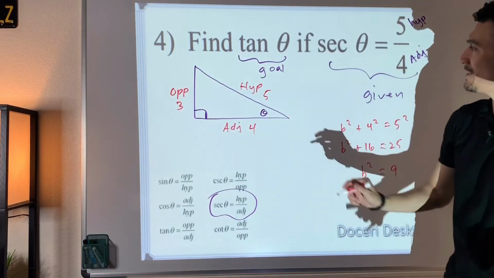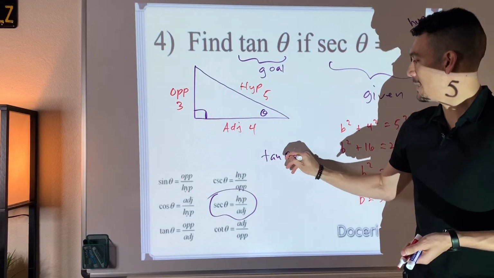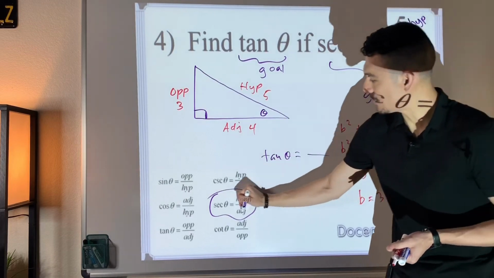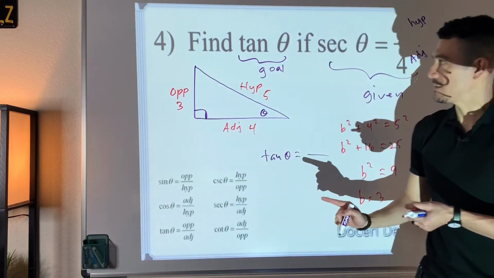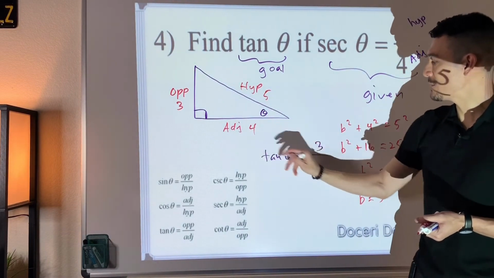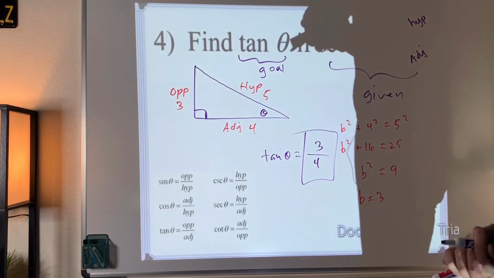The goal was tangent of theta. So let's go for the final answer. Tangent of theta equals, what's tangent? Tangent is opposite over adjacent. So opposite is 3 and adjacent is 4. Done.